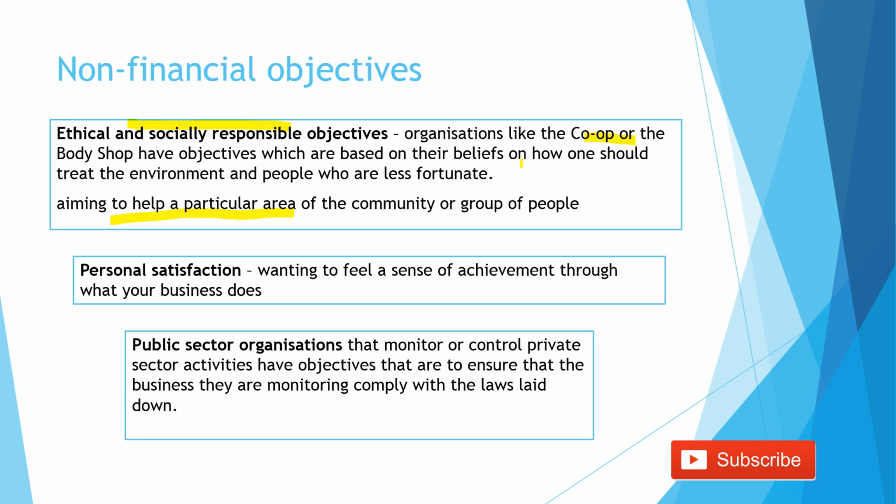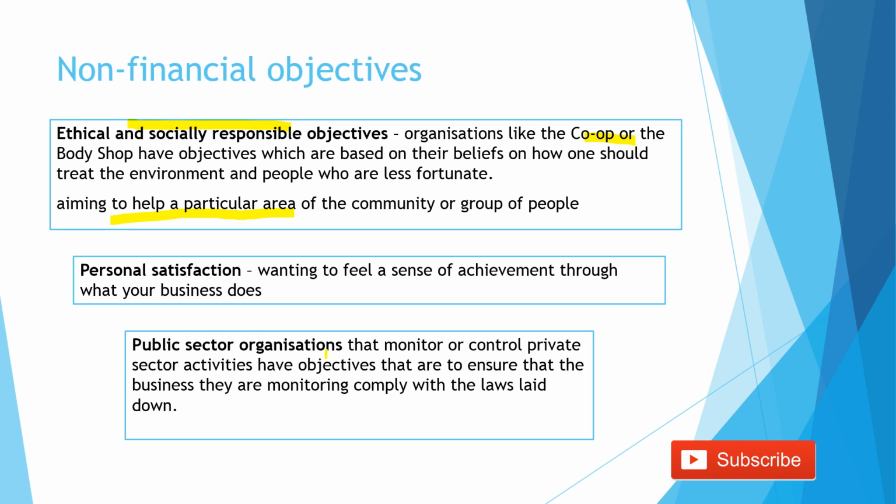So non-financial objectives would be things like that. It could be personal satisfaction, wanting to feel a sense of achievement through what your business does. So you could set certain personal targets that are not related to financial objectives.